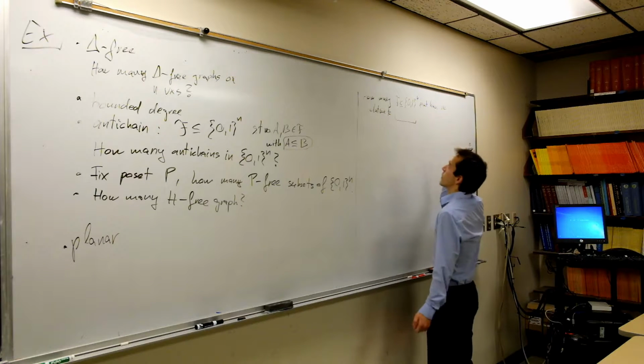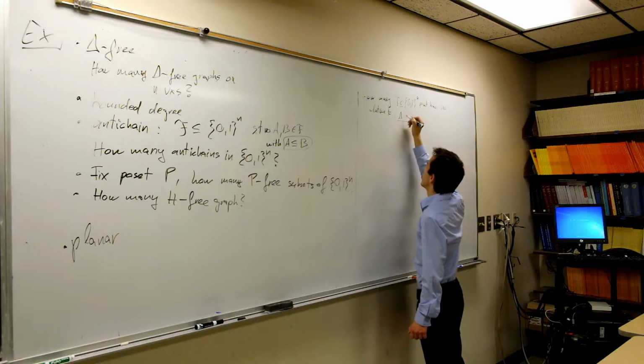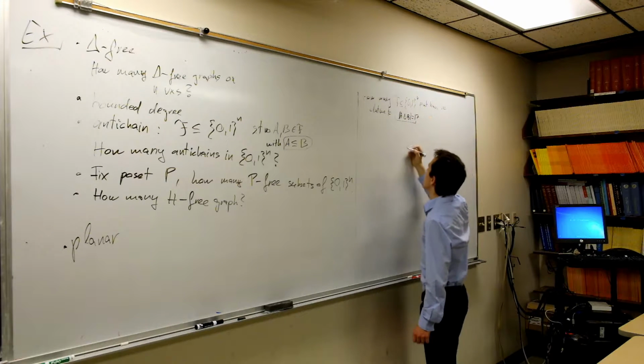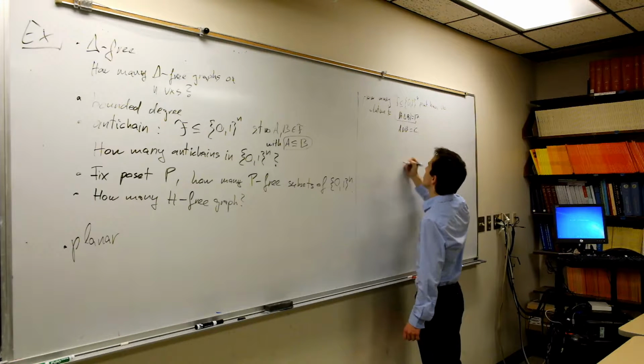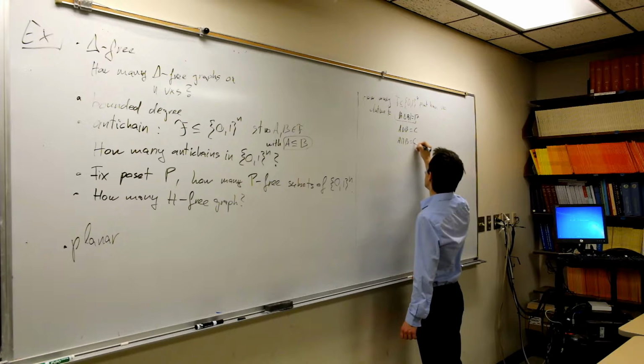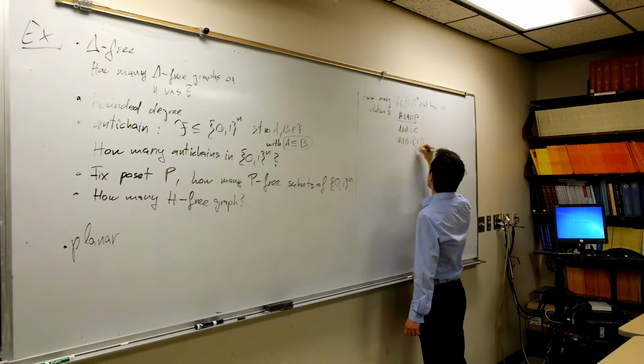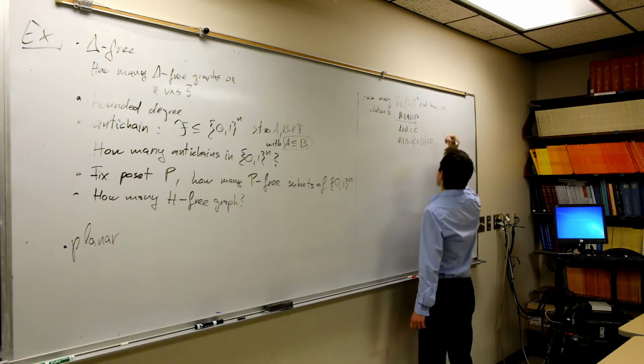Here you can just put in any equation, for example, A symmetric difference B is equal to 17, or A union B equals C, or A intersection B equals C union D intersection E, whatever.